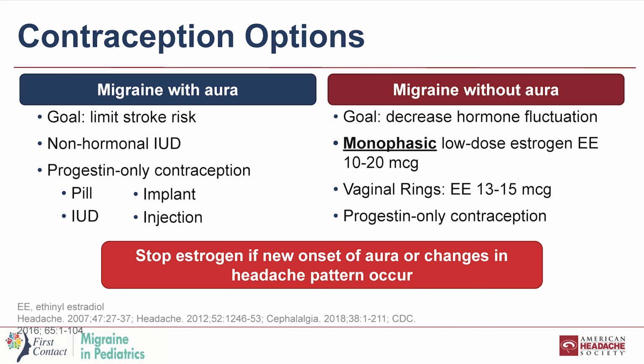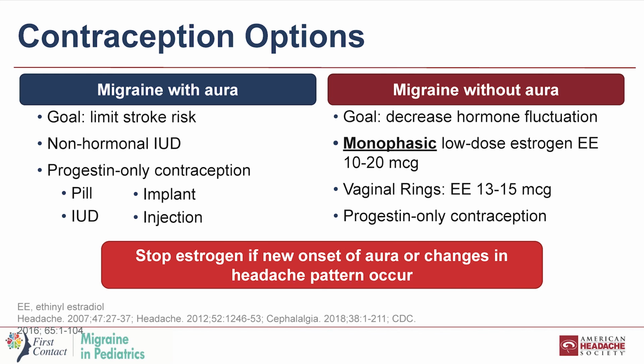In patients who have migraine without aura, when you're talking about contraceptive options, you need to keep in mind that if you're going to use a hormonal agent, hormone fluctuation can actually bring on migraine attacks in some patients. So you want to decrease the risk of that hormone fluctuation in your contraceptive triggering migraine attacks for patients.